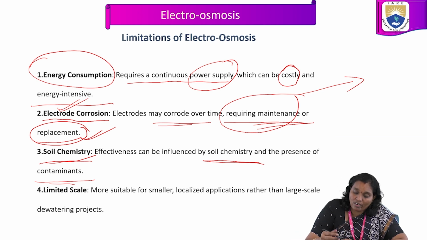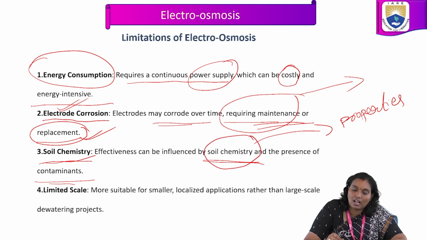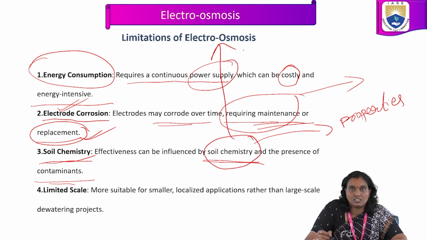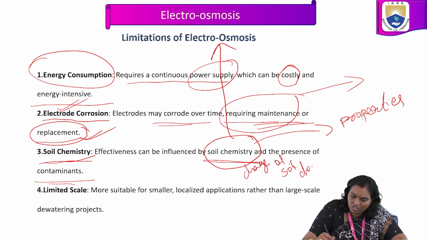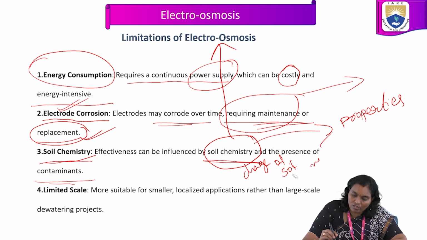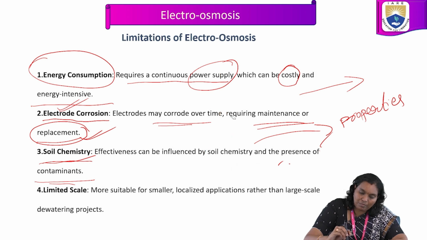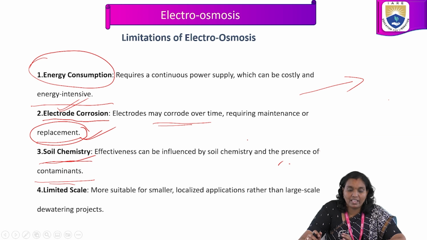We also have to check the properties of the soil, whether this electro osmosis technique is suitable or not, and how the soil chemistry changes once we conduct electro osmosis, since that may not be good for the project. The presence of contaminants is also important for applying electro osmosis. This is also one of the limitations.